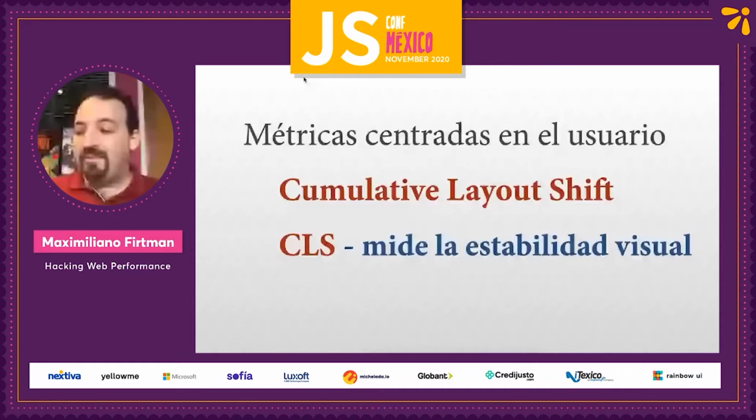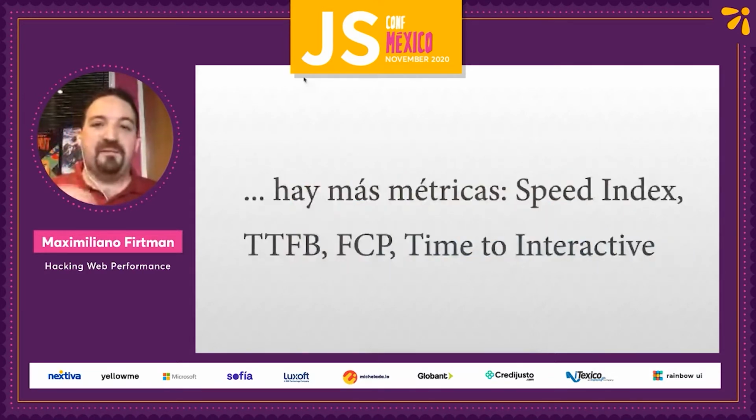I think you have seen that sometimes we have some trouble when we go into a website. We read and then a banner appears or something that moves the information that we were reading, and we are upset by that. That makes the user not like our web, and that is CLS. There are more metrics: speed index, time to first byte, first contentful paint, which is the first pixel or the first background, and time to interactive, which is the moment in which the website starts working.